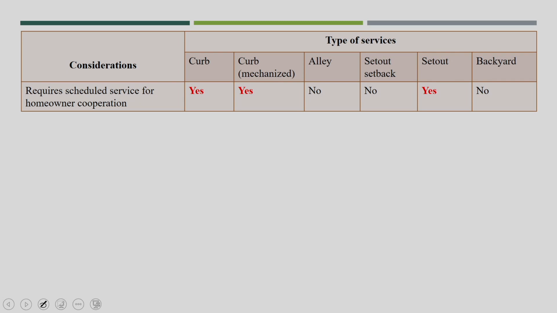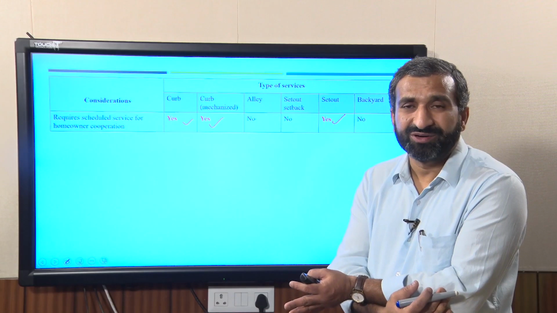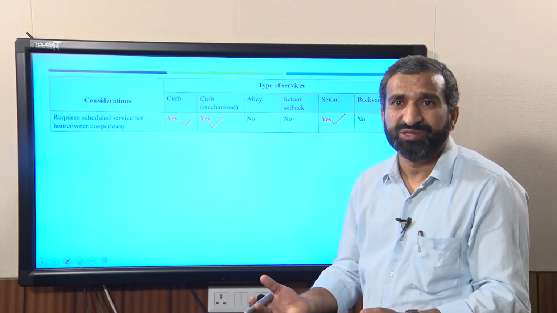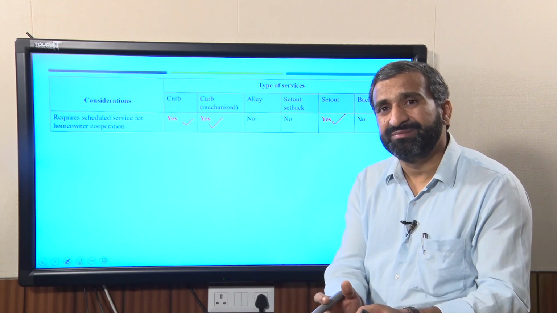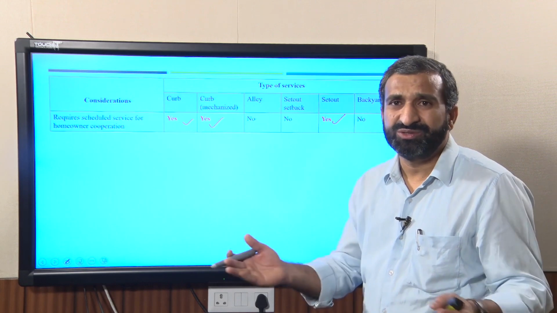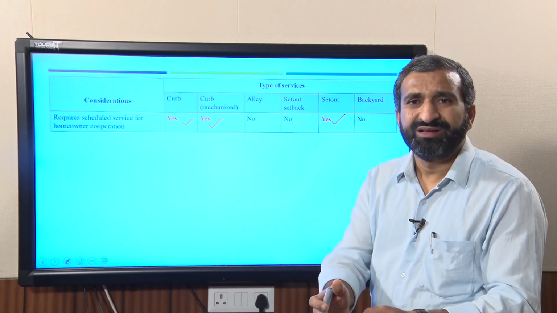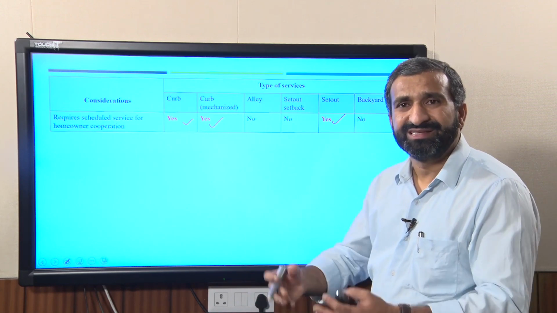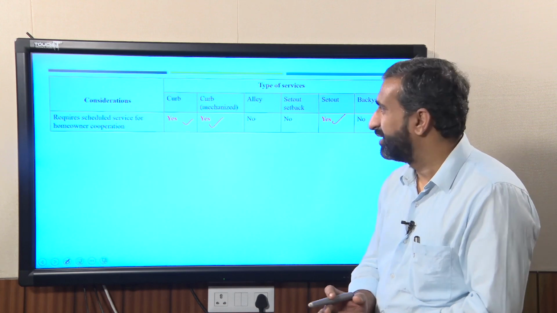Another consideration is whether a scheduled service is required for house owner cooperation. I put yes, in red color here. Even in set out I put yes, because especially in the curb area, if there is a schedule for unloading waste at that location and local people know what time the vehicle will come, they can dispose of the waste before that time, so we can avoid unnecessary things at that location.